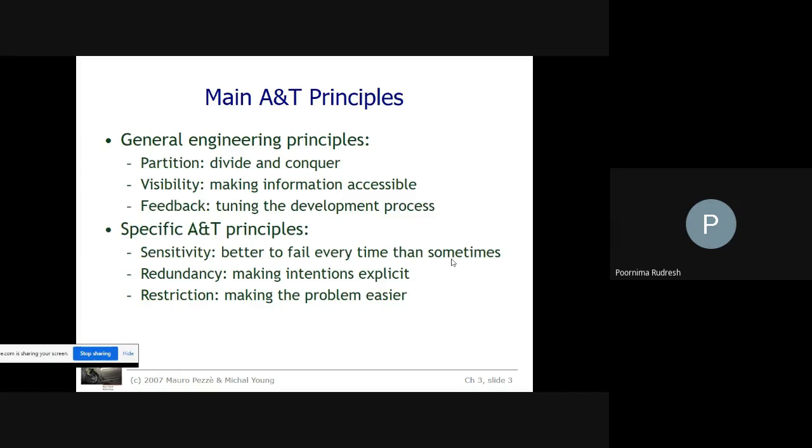So before the development of automated analysis and testing principles, this activity was there for a long time, and it was based on common sense and individual skills.